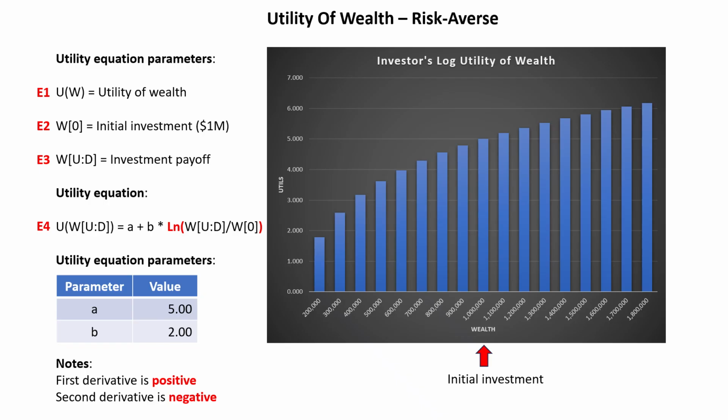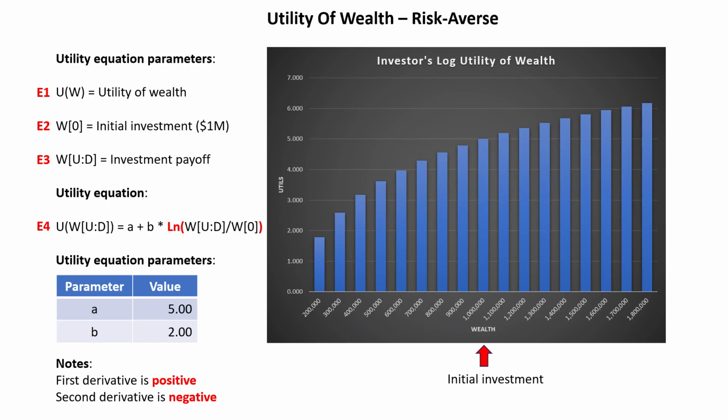Now, in the previous slide, our utility equation E4 was linear. And that basically gave us the conclusion that, as long as the expected utilities were all the same, because it's a linear model, the investor would be indifferent between the risk-free investment A, B, and C. But this is not the case for the risk-averse investor.